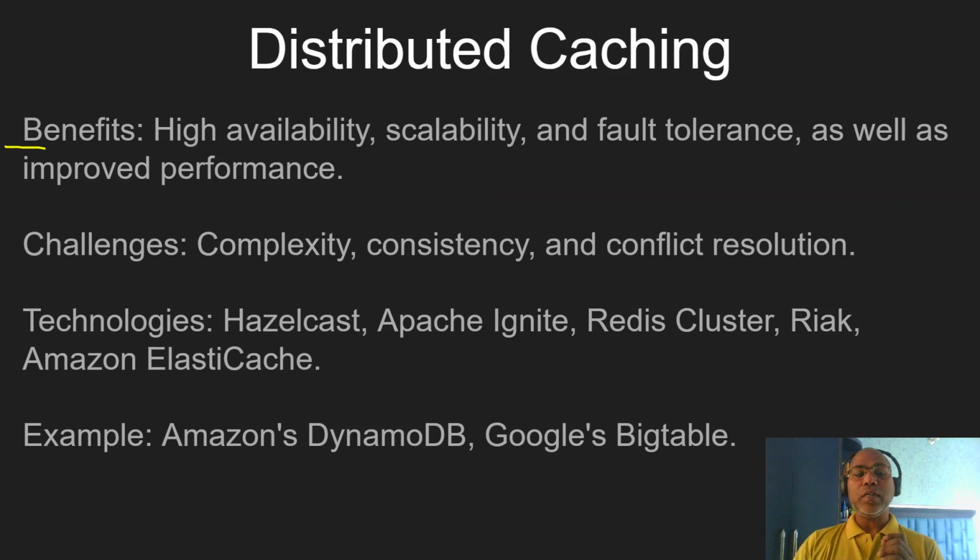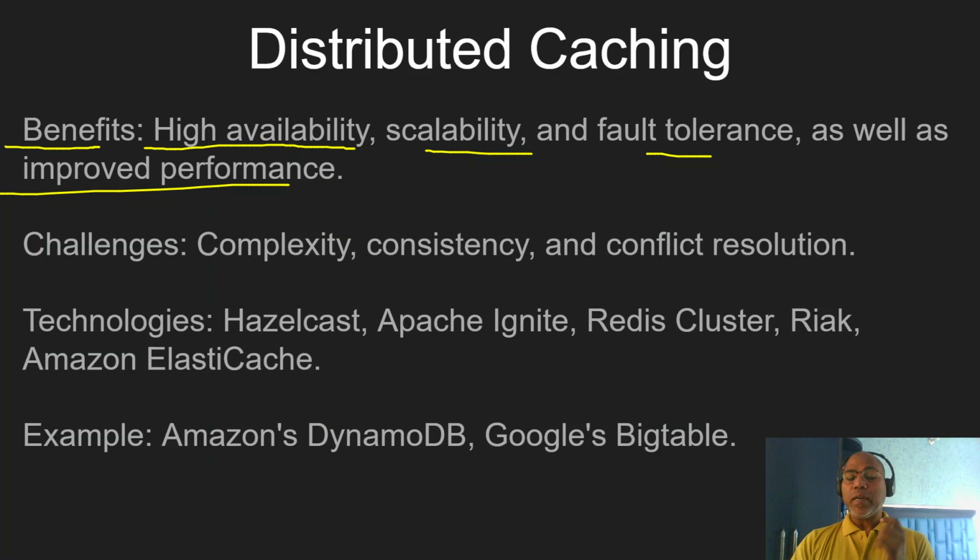So again, the benefits of using caching and distributed caching: we can achieve high availability, scalability, and fault tolerance quickly, and that way improve our performance. But in distributed systems, we also face the challenges of complexity, consistency, and conflict resolution while implementing a distributed cache, so we have to consider those points as well.